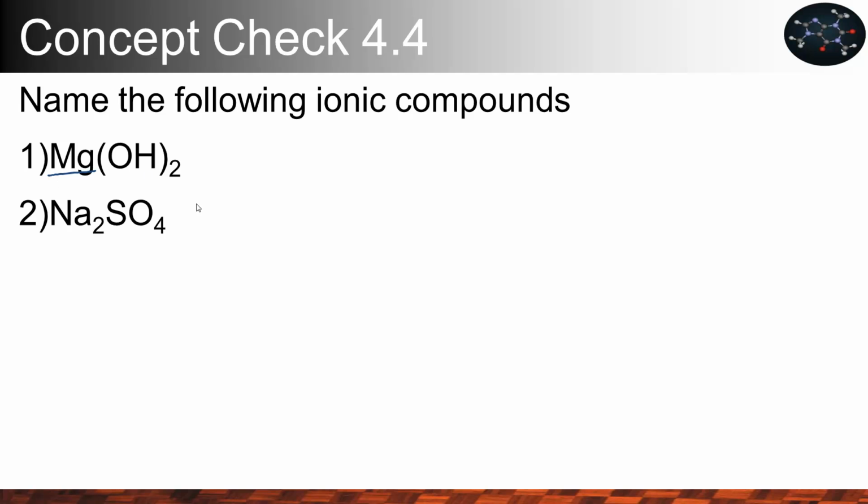Okay. Same rules, it's an ionic compound. Name the cation. Magnesium, the first one. This combined molecule is the hydroxide anion. We know that from the previous table, and we're going to memorize it.